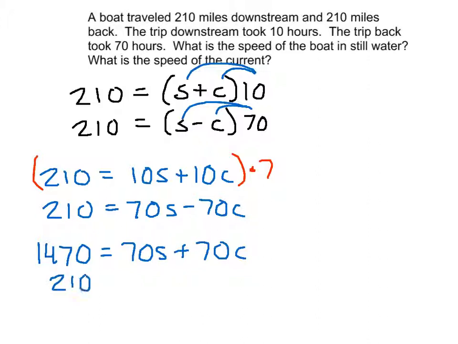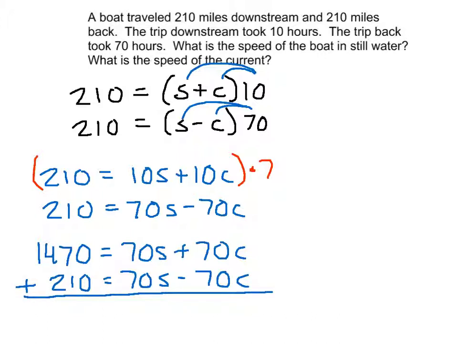It's 210 equals 70s minus 70c. So when we're solving a system of equations, we take the system, add the equations together, and ideally these two should cancel out. 70c minus 70c just ends up being 0.